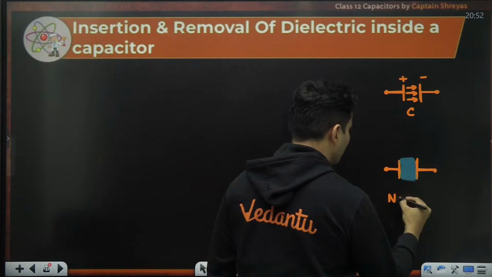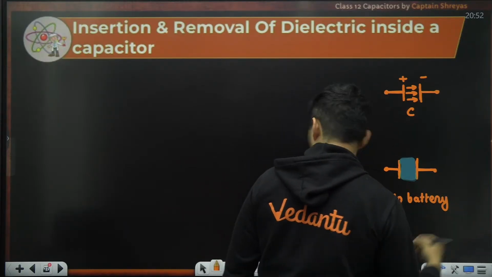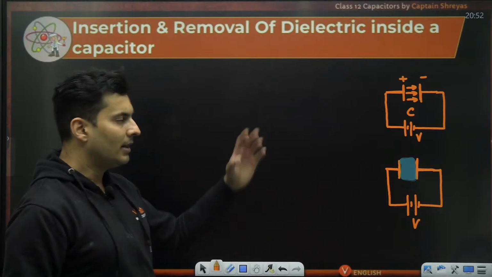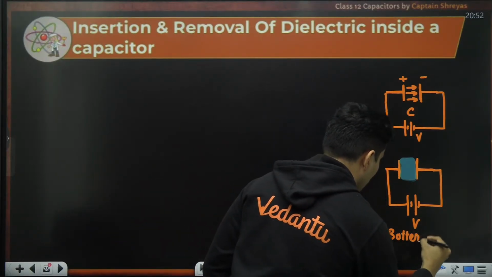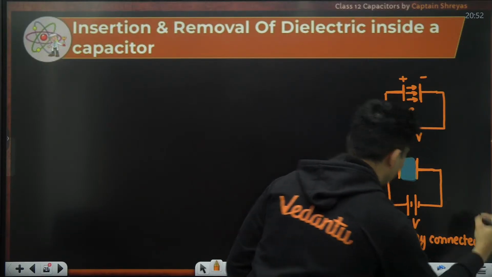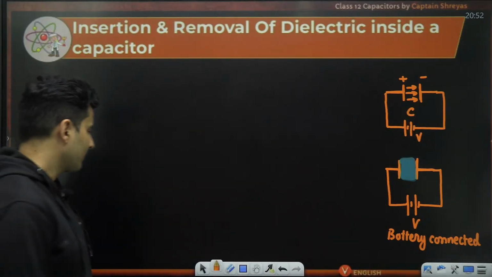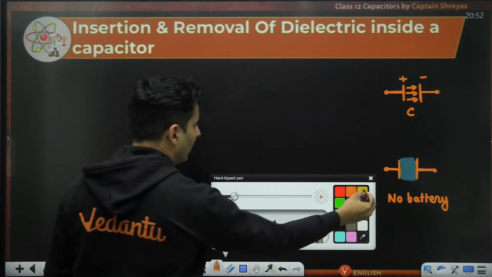So no battery connected versus a battery which is connected. This makes a hell of a lot of difference in the answer. Okay, so what are the different things that I want to measure? Let me write it down over here.